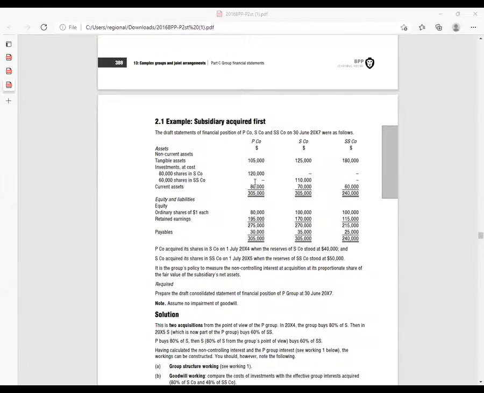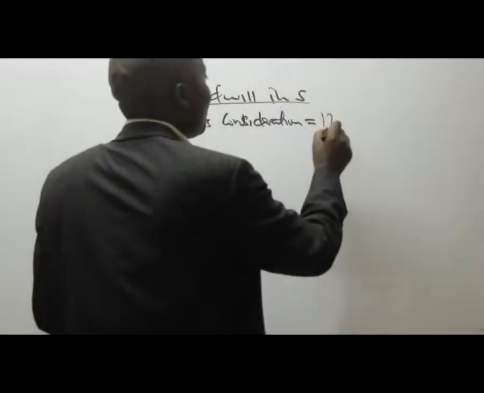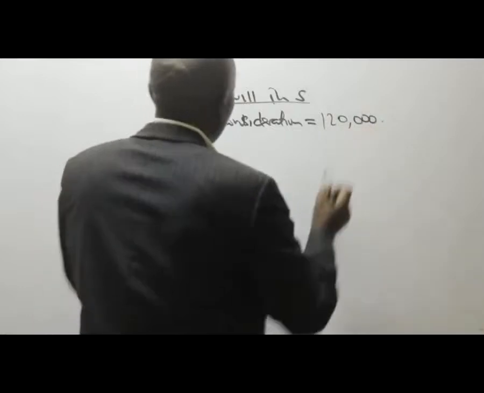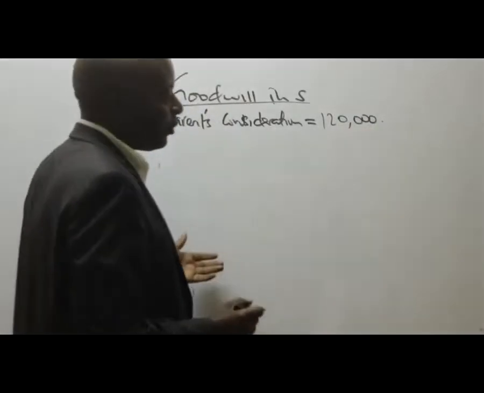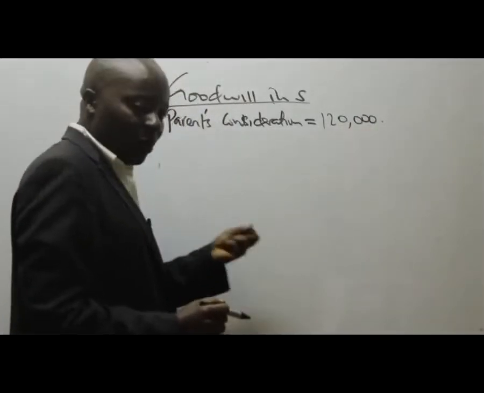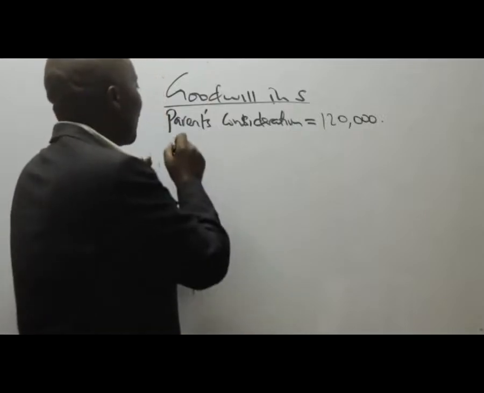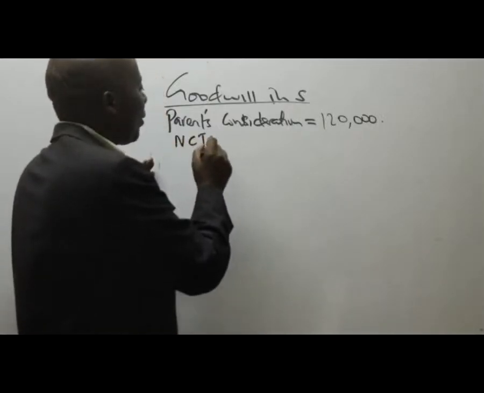You can see that to buy this S company, the parent bought it at 120,000. The parent never bought 100% of this. There's another party who came on board. So then we have here the NCI's consideration.